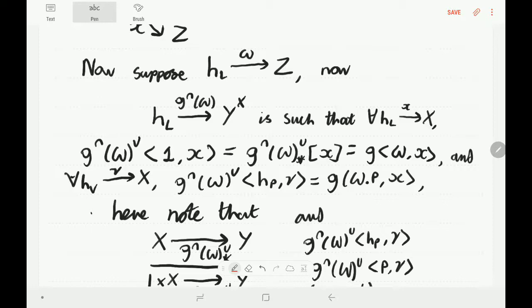But the other thing, of course, is that for loops, we also want to respect the way that the thing maps vertices.